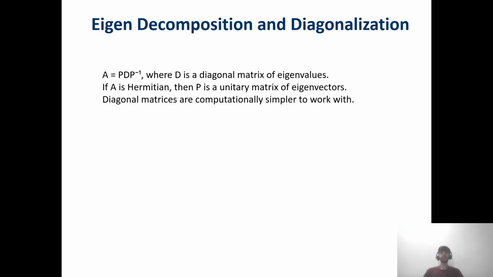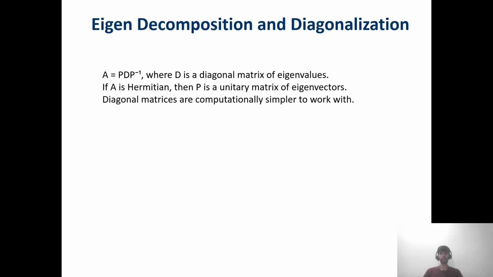A huge benefit of knowing eigenvalues and eigenvectors is that we can perform decomposition. If a matrix A can be written as A equals P D P inverse, where D is a diagonal matrix of eigenvalues and P contains the eigenvectors, then operations like matrix powers or exponentials become way easier.